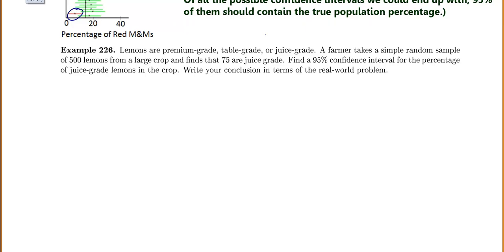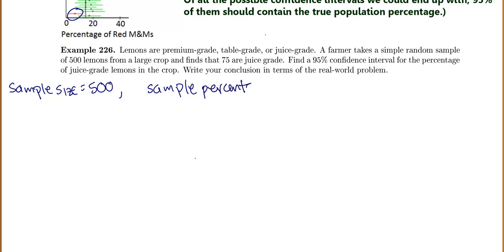He takes a sample of 500, so my sample size is 500. My sample percentage is equal to 75 out of 500, times 100% so you can get an actual percentage, and that gives me 15%.